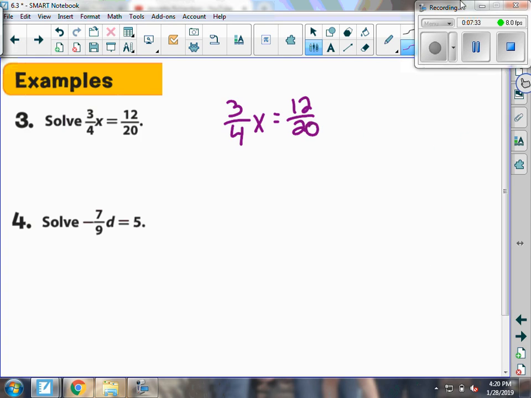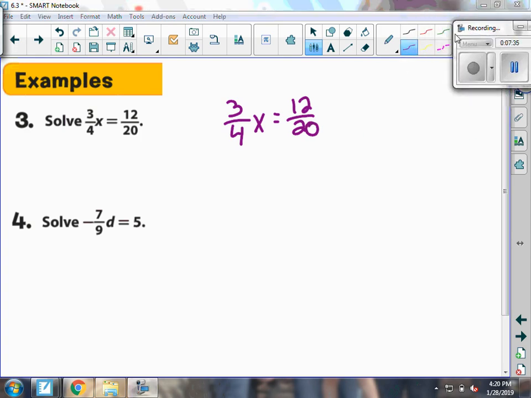Okay, this next part, you don't need to put in your notes, but I just want you to be aware of why we're going to do what we do. So just follow along here. So if we have 3/4 x, this is multiplication. So the opposite of multiplication is division. So I'm going to divide both sides by 3/4.